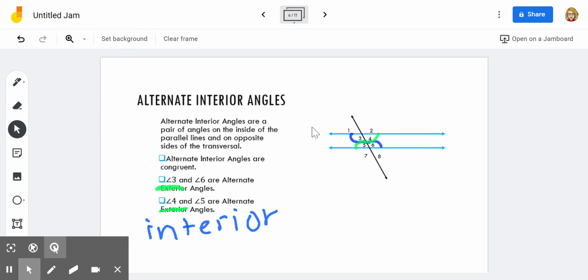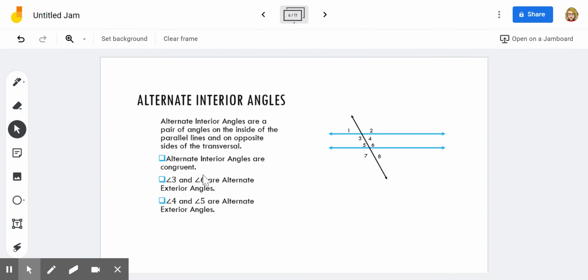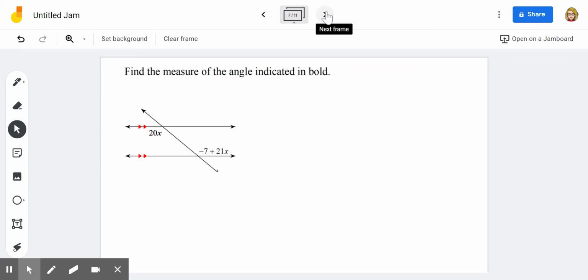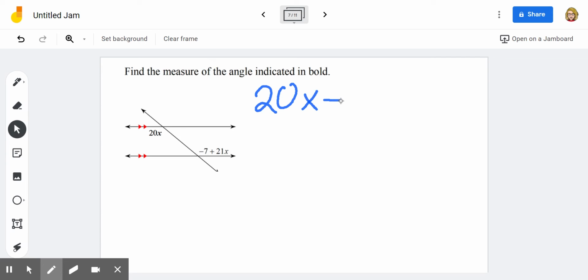All right, then let's move on to the example. If we go back, this said that alternate interior angles are congruent, so that means they have the same measurement. So I can set these two angles equal to each other. So I have 20x equals -7 plus 21x. I'm going to solve for x by subtracting 21x.